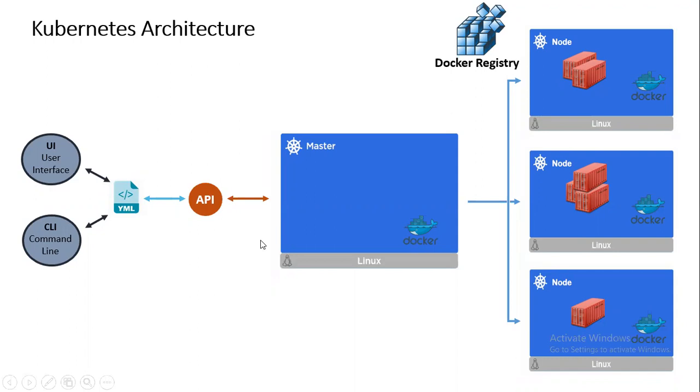In that, you can write a file in which you give your desired state in a declarative way. We'll see what that declarative way is. So in Kubernetes, you are going to write a file, like a YAML file, in which you tell your desired state, and then you will call some APIs and tell what it is that you need.